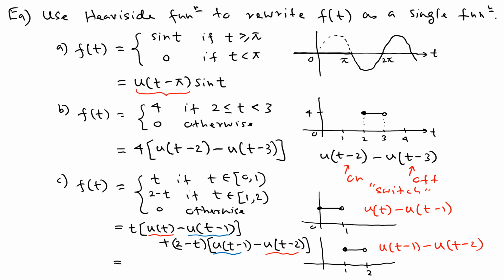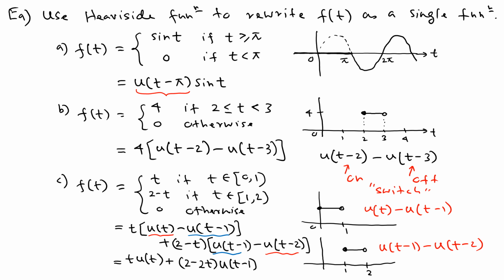Finally you have t times u(t), that's the only u(t) function, and then plus, you can combine the u(t minus 1) function. From the top you have minus t, in the bottom you have 2 minus t, that's 2 minus 2t, so plus (2 minus 2t) times u(t minus 1).